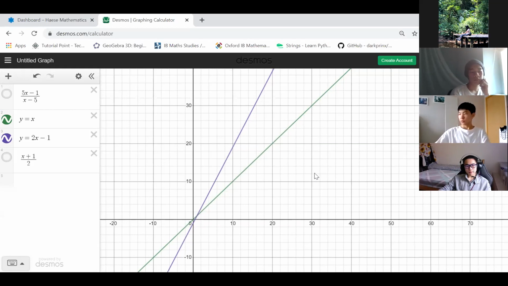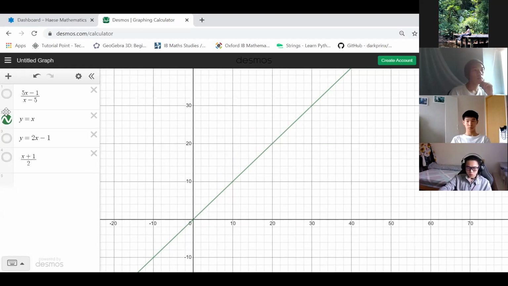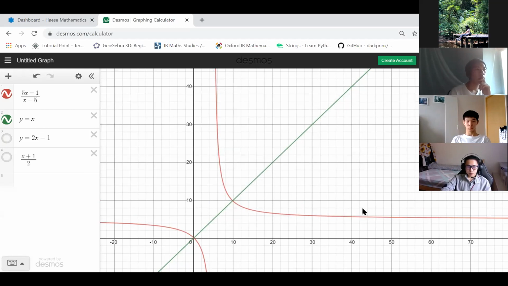Okay? Now look at it. On one side, you have your function. There's nothing on the other side. And if you take the inverse only, you only have it on one side of the line, right? But if you look at this, you have it on both sides, and they are symmetric.